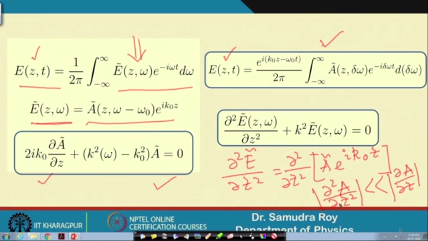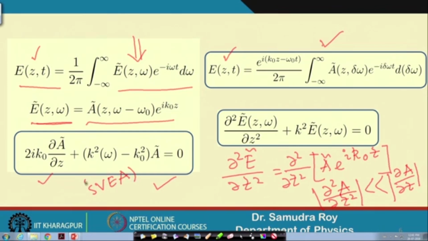So, again we are using the slowly varying approximation here; since it is an envelope, we call it the slowly varying envelope approximation, written as SVEA in many books.